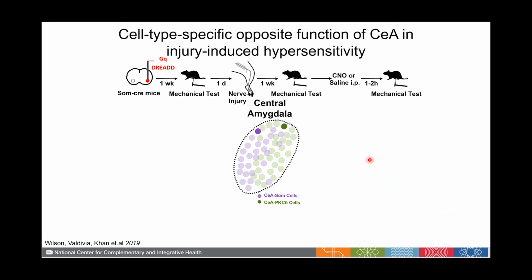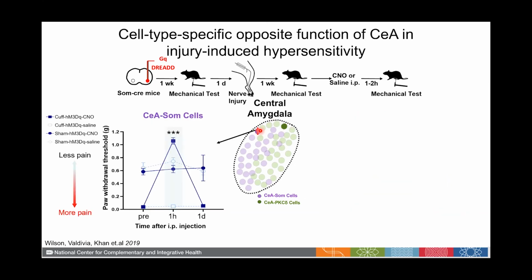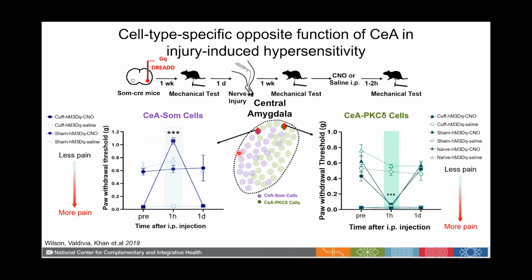Now, when we activate the somatostatin neurons, we get this very potent analgesia. The animals that have injury, or the cuff, now go back to even higher values than at baseline. And again, just as a reference, it's the opposite to what we see when we activate the PKC delta neurons, where we see hypersensitivity in control animals.